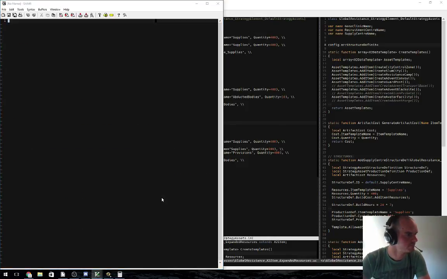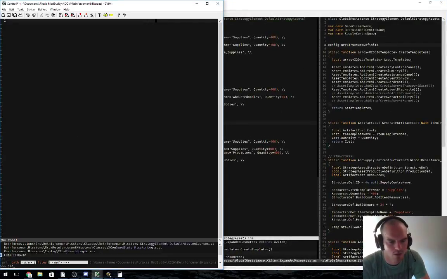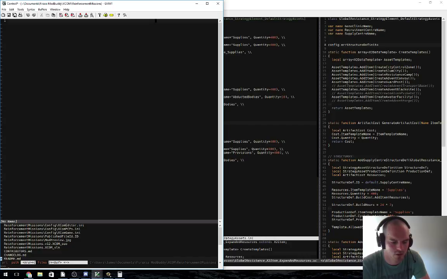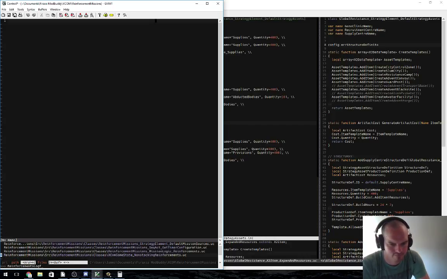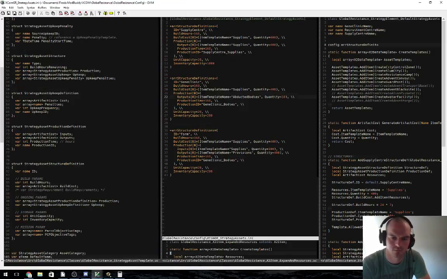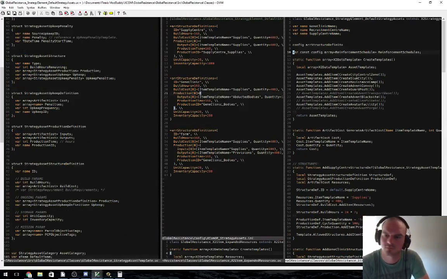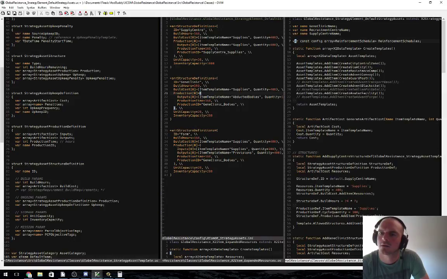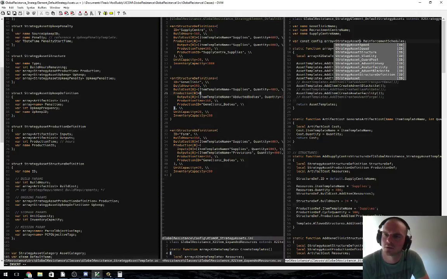Alright. Global reinforcement logic. Okay, so we have a strategy asset product structure definition.